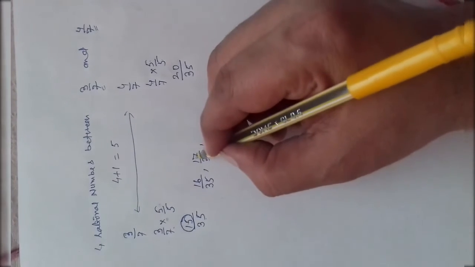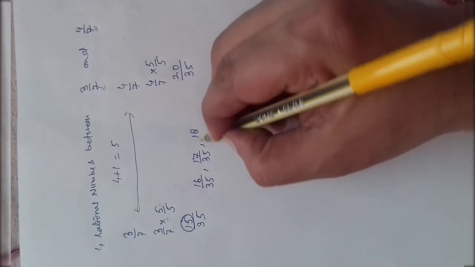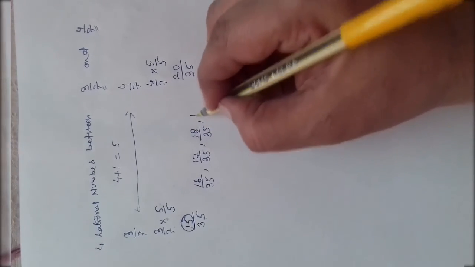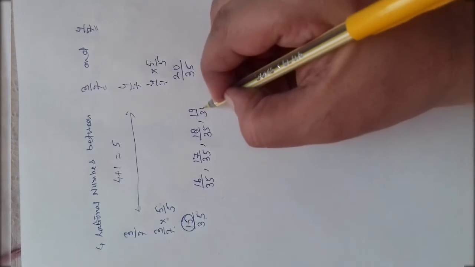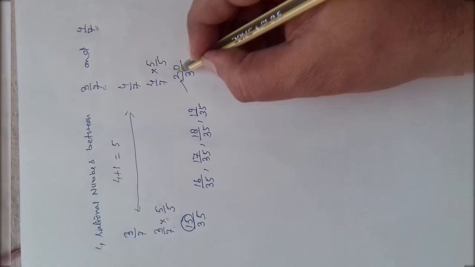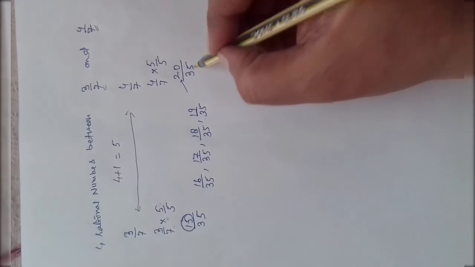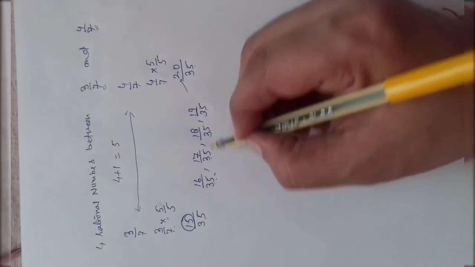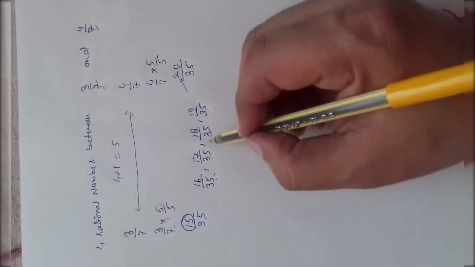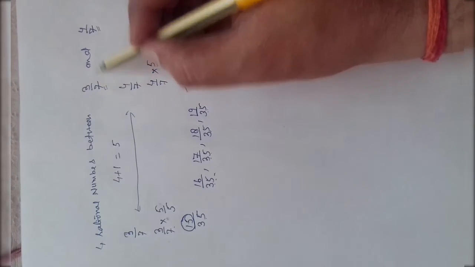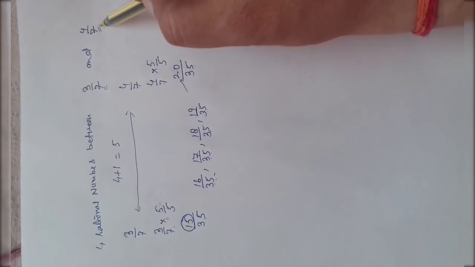Next 17 plus 1, 18 upon 35, and 18 plus 1, 19 upon 35, and if we add plus 1 we get this number 20 upon 35. So these are our four numbers, 1, 2, 3 and 4, which will lie between these two fractions, that is 3 upon 7 and 4 upon 7.